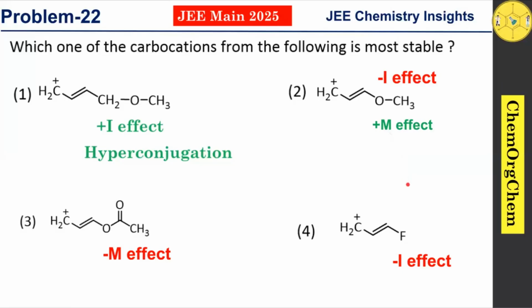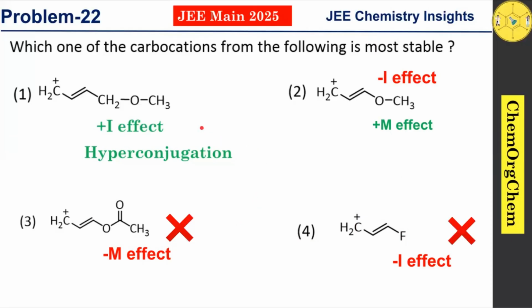The strong pull of electron density away from the positive charge makes this carbocation significantly less stable. So in option 3 as well as option 4, there are destabilizing factors. Because of these, these two carbocations may not be the most stable carbocation.